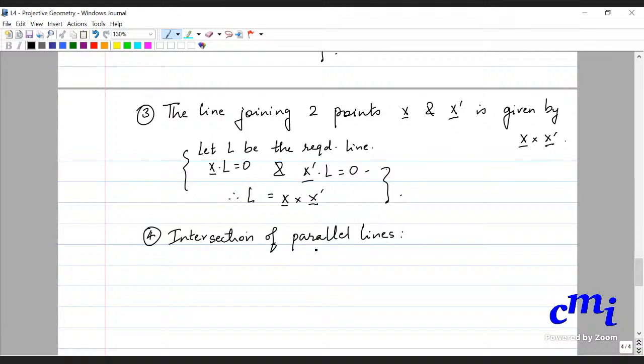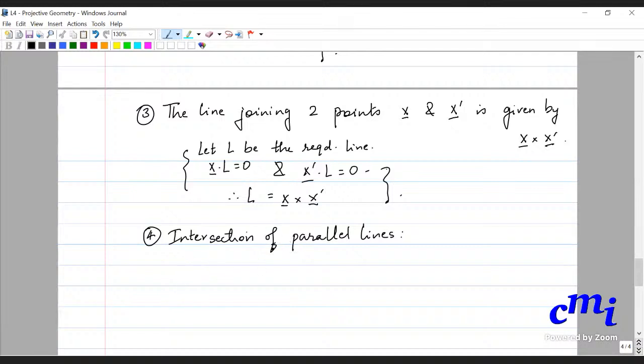This was the aim, so that you don't want to make a special case of this intersection of parallel lines. We want to say that this follows the same kind of rules, and you will be able to say the same kind of statement even if you have parallel lines.